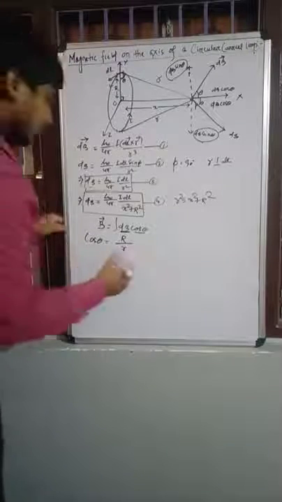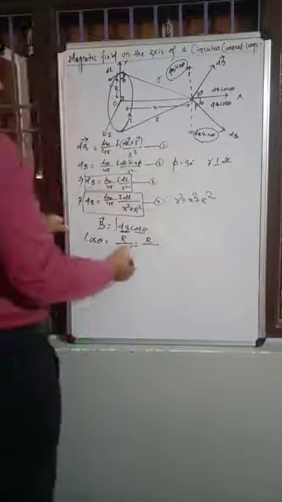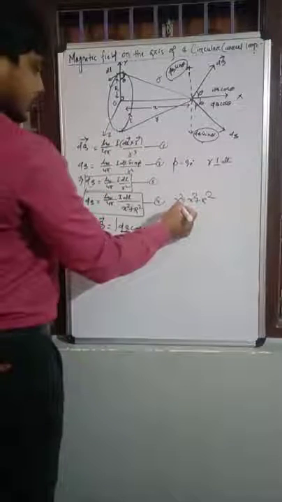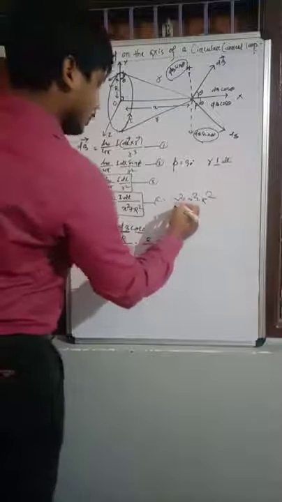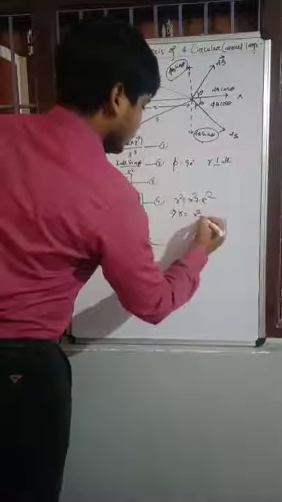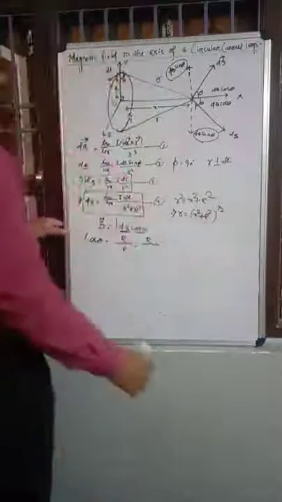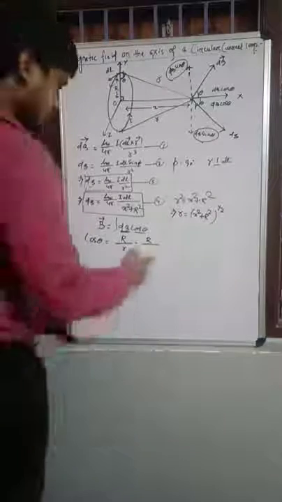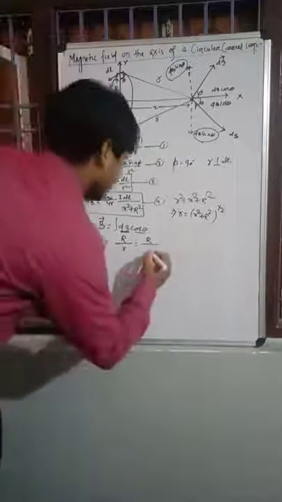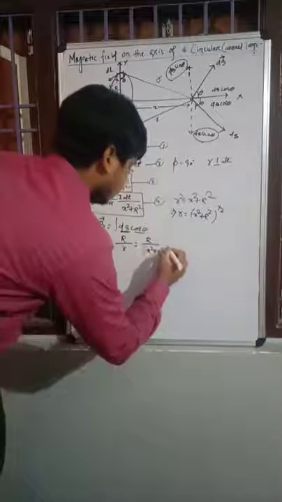And this small r, you can see, is equal to x square plus r square whole to the power half. So I can write this small r is equal to x square plus r square to the power half.